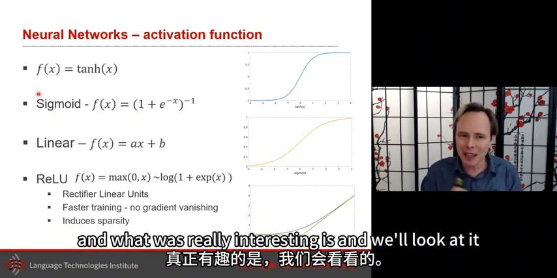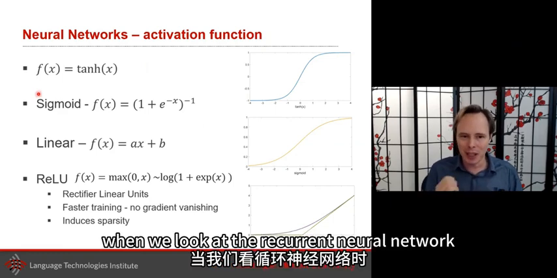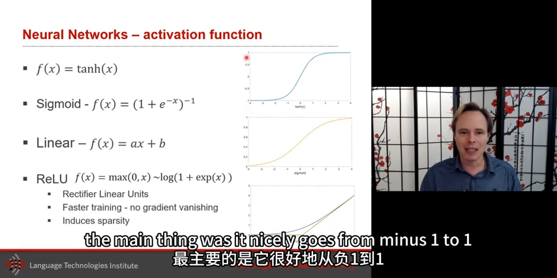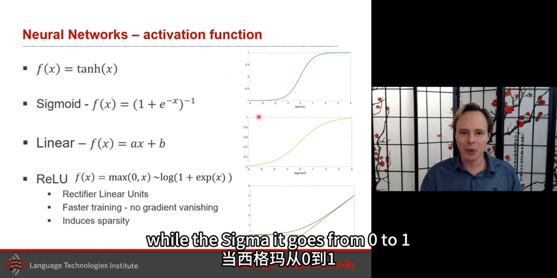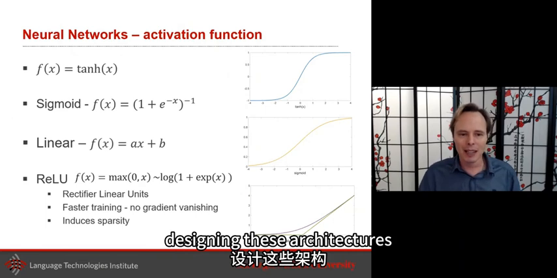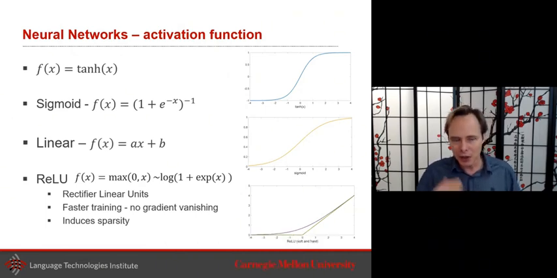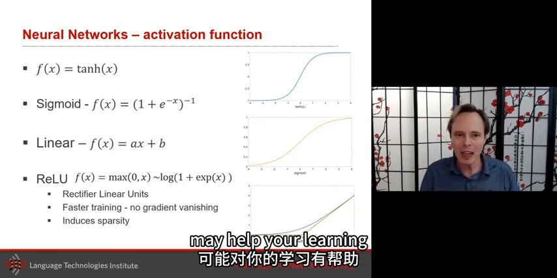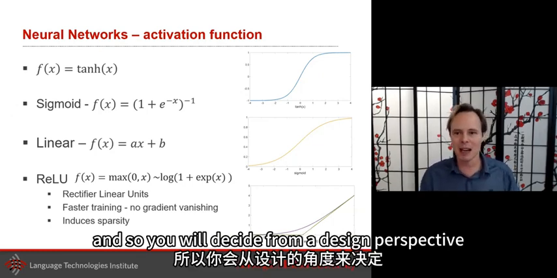And what was really interesting, and we'll look at it when we look at the recurrent neural network, is that tanh nicely goes from -1 to 1, while the sigmoid goes from 0 to 1. When you're designing these architectures, you may realize that having positive and negative values may help your learning. And so you will decide from a design perspective.